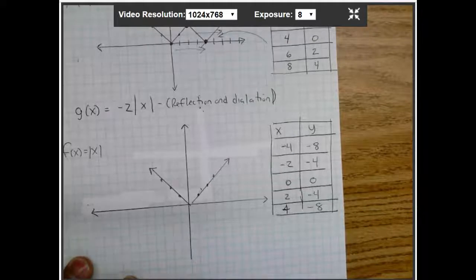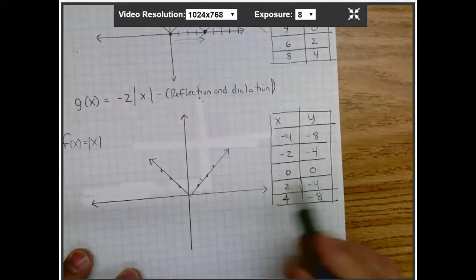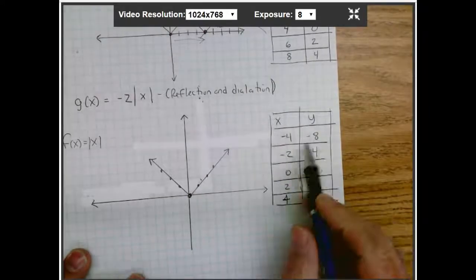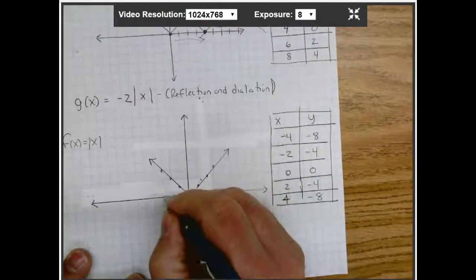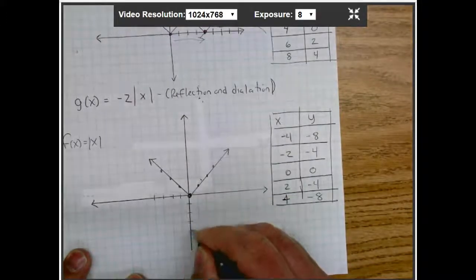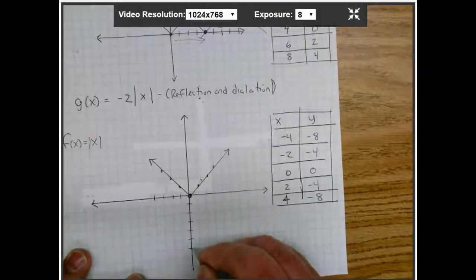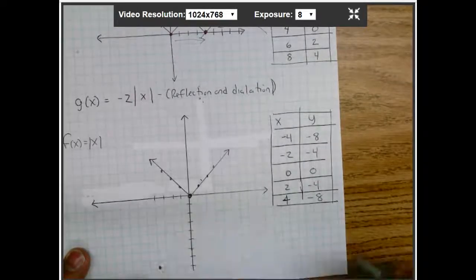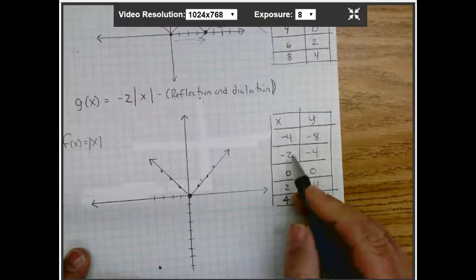So then we just need to put these points in. So we have 0, 0, right? And then we put -4, 1, 2, 3, 4, and -8, 1, 2, 3, 4, 5, 6, 7, 8. About there. And then we have -2, 4.